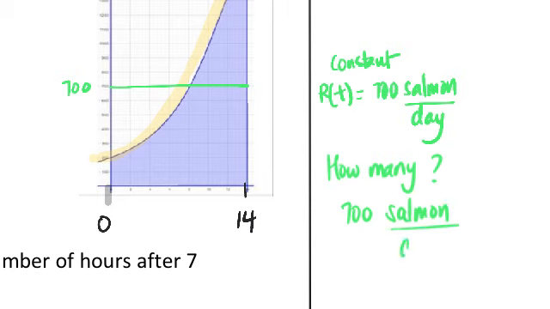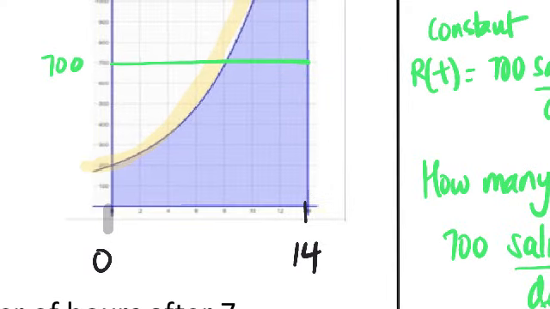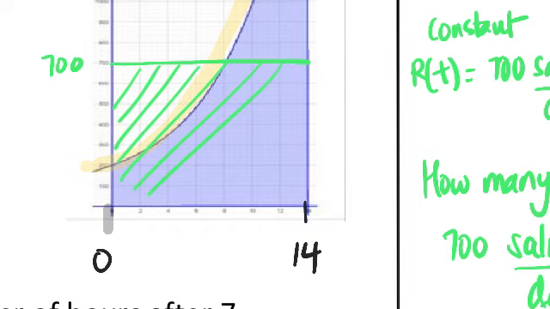You would just go 700 salmon per day times 14 days. Answer is going to be 9,800 salmon swam up in those 14 days. And you also would know that that's this area. If you do 700 times 14, it's the area of that rectangle, right?